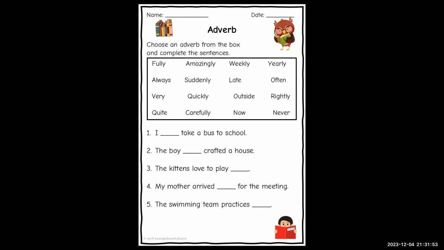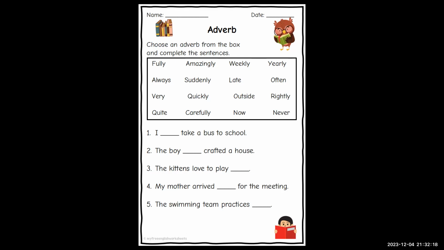The kittens love to play. What do you think? The kittens love to play now. Yeah, that's okay. Adverb of time, that will be okay. Is there any other adverb that we can use in that sentence?